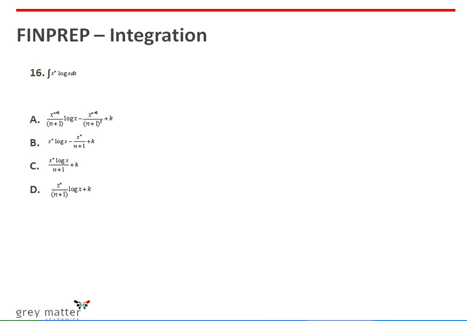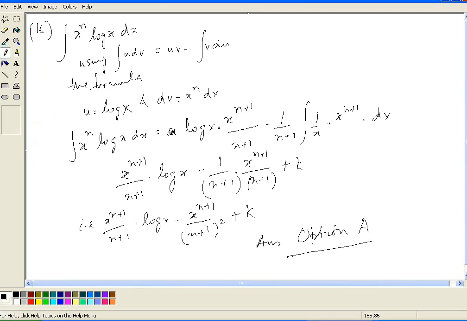16th question, integral of x power n log x dx. Now going to the worksheet, using the same integration by parts, integral u dv equals uv minus integral v du. This formula we can associate by taking u to be equal to log x here and dv to be equal to x power n dx.